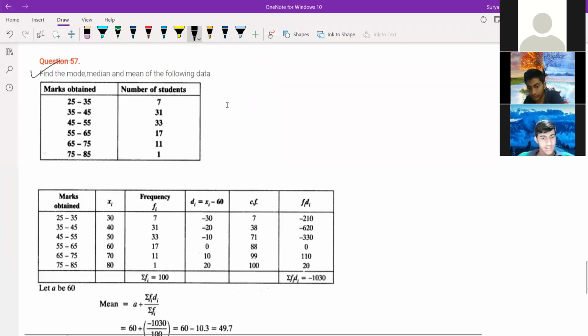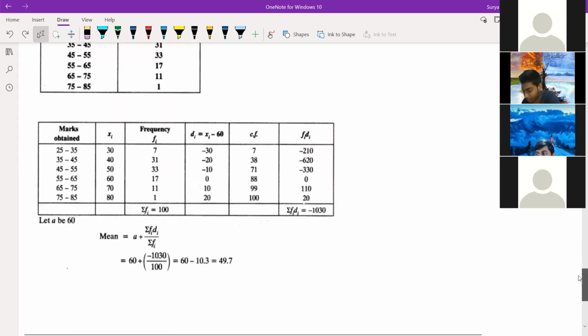Can you please tell it? Let's see what you got about median and mode.